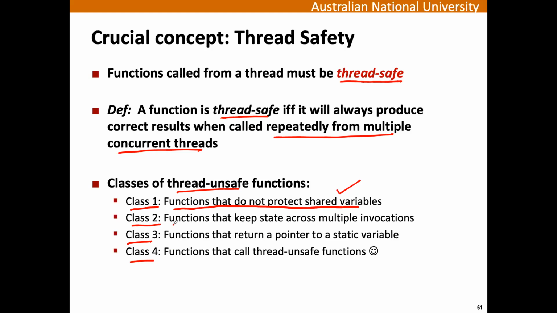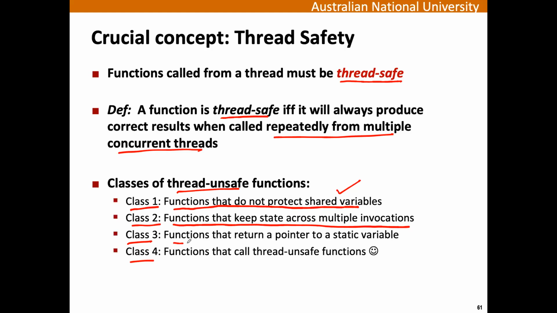Class 2 are functions that keep state across multiple invocations. Internally, if a function uses, for instance, a static variable, and the output depends on the previous state of that variable, then if it is called from multiple threads it is not safe to use, because there's only one state, but two threads want multiple instances of that state, which is not available.